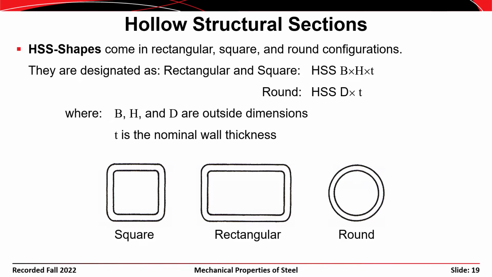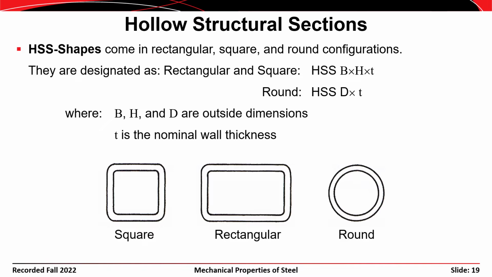So the manufacturers have gotten good enough that they can actually target the low end of the tolerance. So if they're going to make a tube that's, say, nominally a 10 by 12 by 1 inch tube, they don't actually buy steel that's 1 inch thick. They buy steel that's 0.93 inches thick. So they can save money on the steel and still satisfy the letter of the law, so to speak, with the specifications for the tubes.